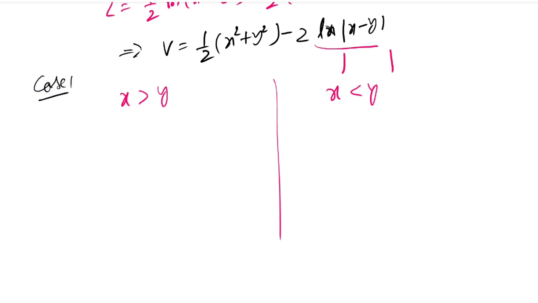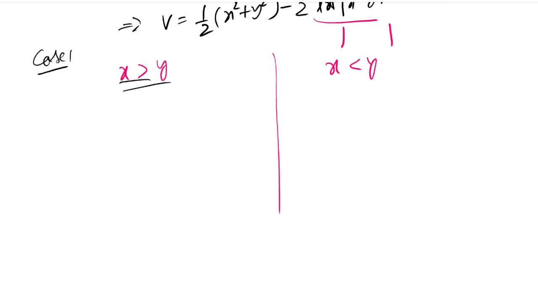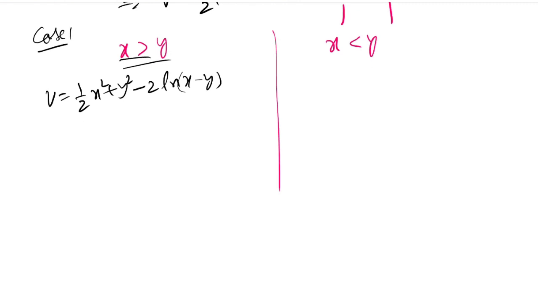So case 1, it is x greater than y. So in this case, potential, again writing potential, half into x square plus y square minus 2 into ln of x minus y. Now we compute the gradient, and also here we have to observe that the potential function is depending on x and y.